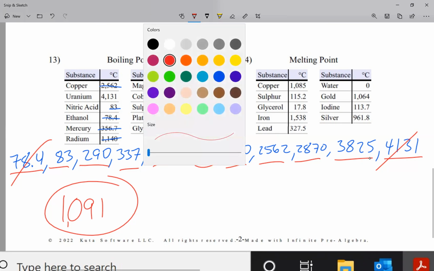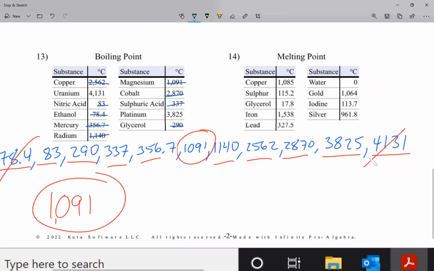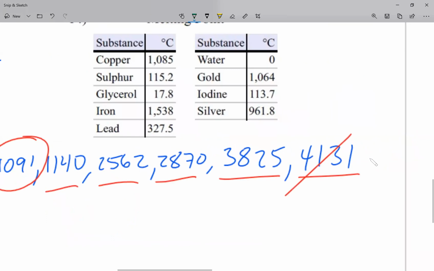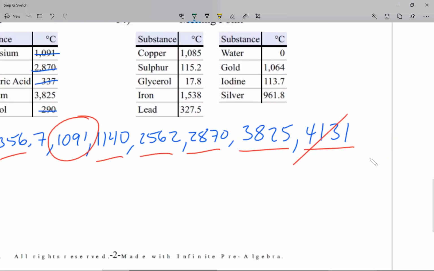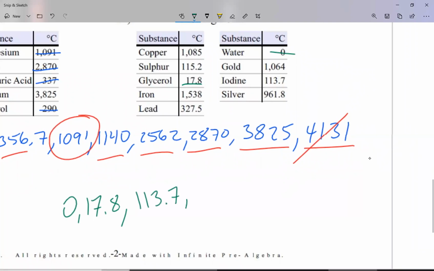I don't want to get confused, so let me use green for number 14. These numbers are going to be for number 14. Again, I have to list my numbers from small to large. It seems like my smallest number is 0. Good. Then 17.8, then my next number is 113.7.